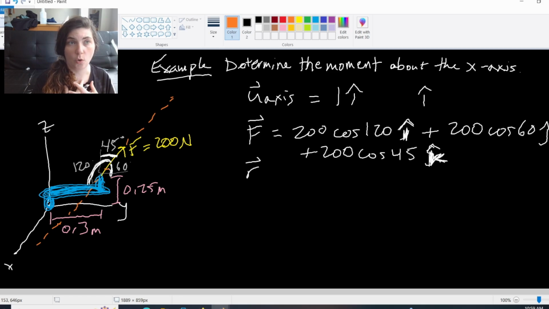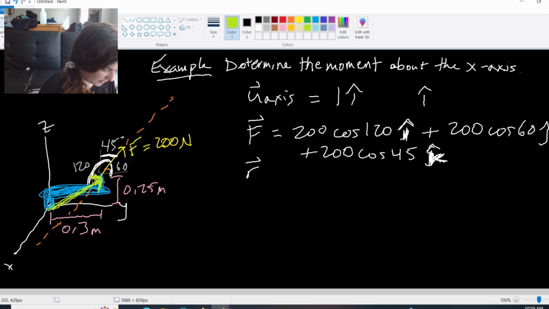For me, I'm going to go from the origin because it's usually just the easiest place to find a position vector. I'm going to build my position vector from the origin to F, because I have those distances already. It gives me in the ZY plane the 0.3 meters and the 0.25 meters in the Y and Z direction. The origin here is on my x-axis, and I'm just going to connect it to the force vector.